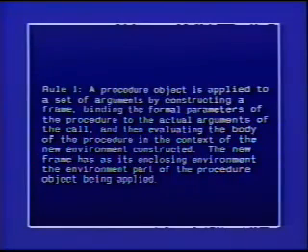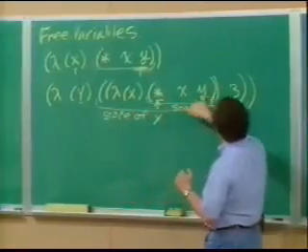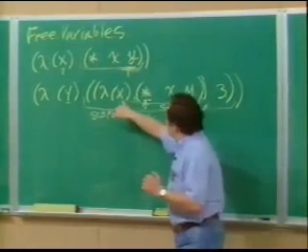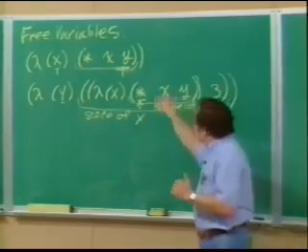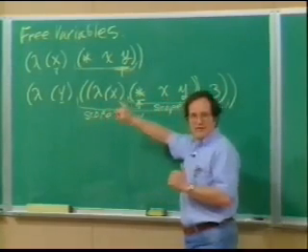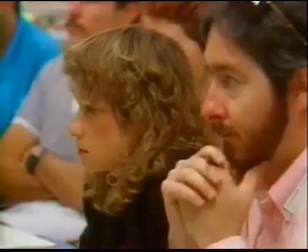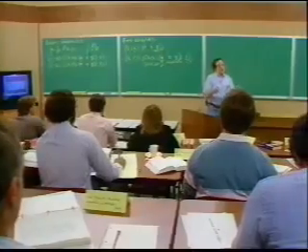As you know, when we make a call to a procedure like lambda x times x y, and we call that with the argument 3, then we're going to need some mapping of x to 3. It's the same thing as later substituting, if you will, the 3 for the x in the old model. So I'm going to build a frame which contains x equals 3 as the information in that frame.